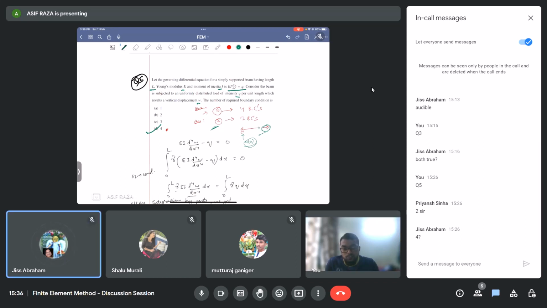I'm asking, as you have given the answer, the number of required boundary conditions for the fourth order differential equation according to this question is 4, correct? Yes. So with regards to this question, if I ask you how many would be essential boundary conditions and how many would be normal boundary conditions, I suppose you know what are essential and what are normal boundary conditions.